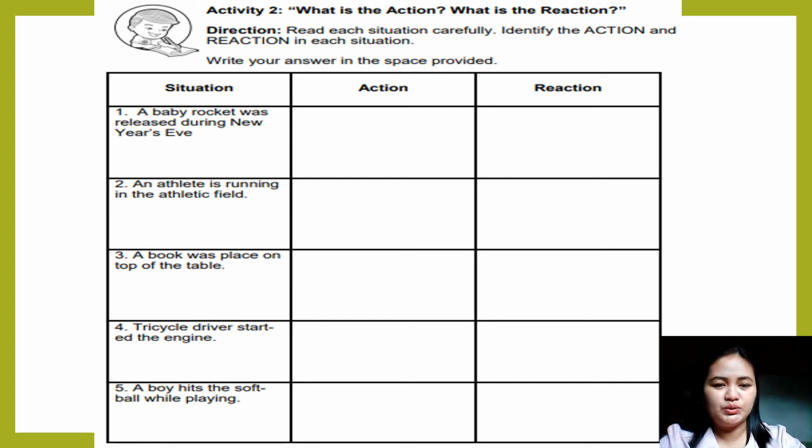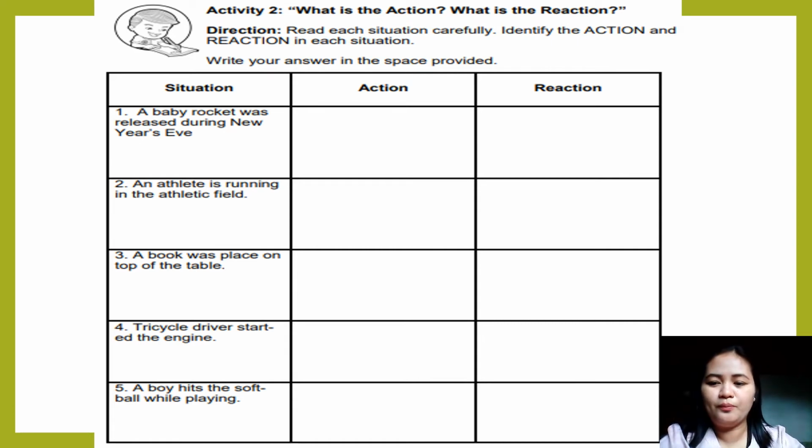For number 2, an athlete is running in the athletic field. Syempre, nakanood na kayo ng takbuhan doon sa oval natin kapag mga athletic meets natin. So what happens there? So the athlete's foot pushes the field backward and then the track field pushes the athlete forward.